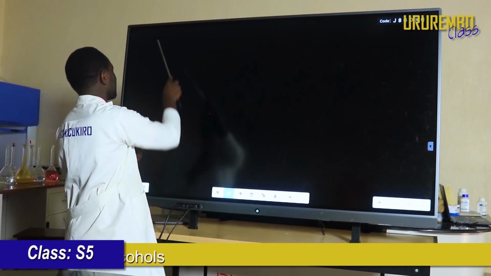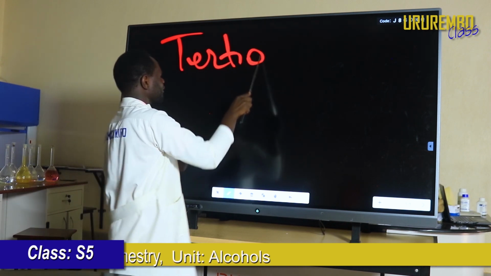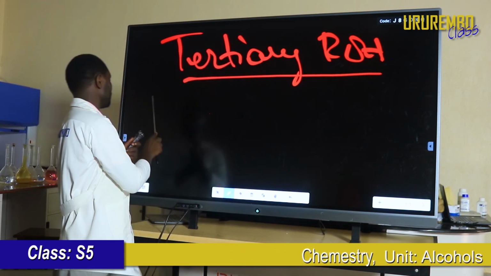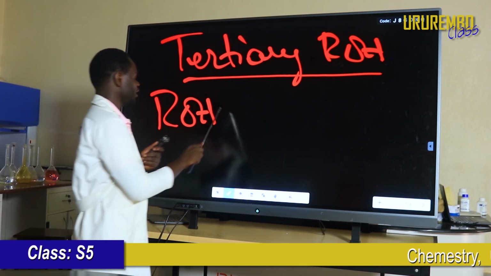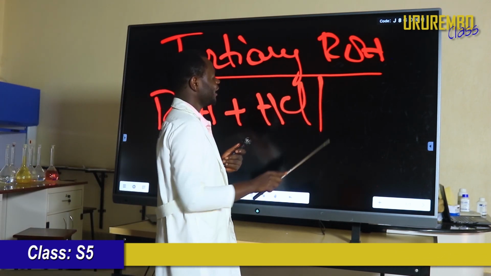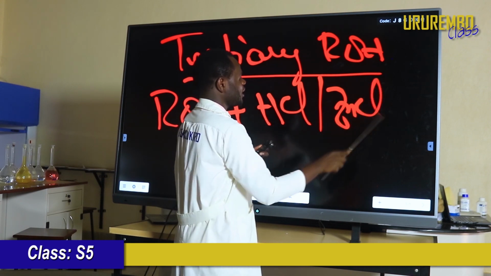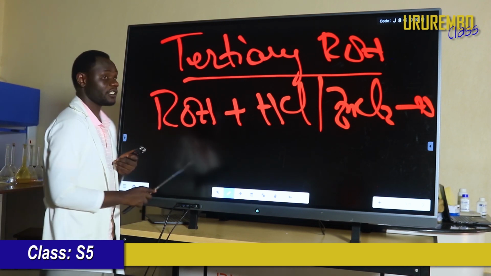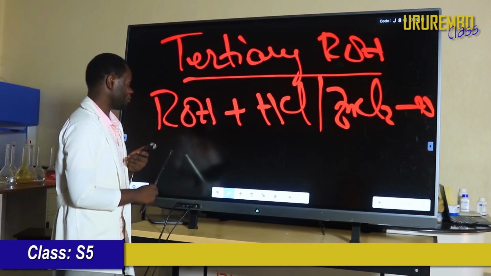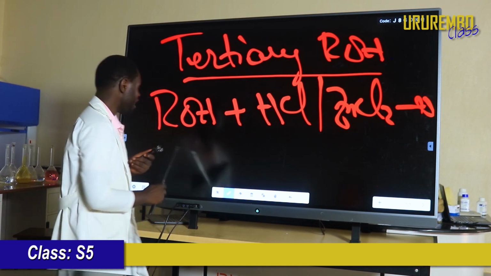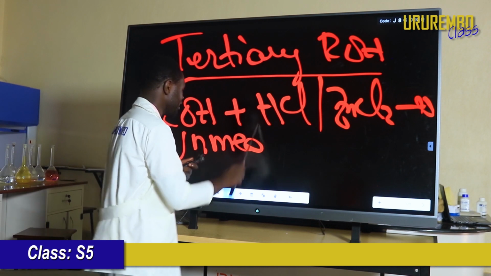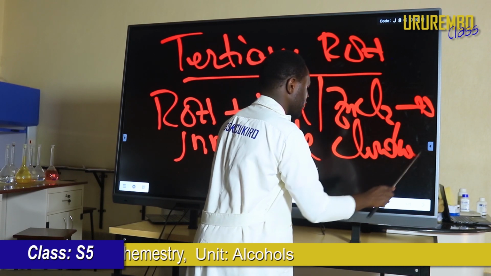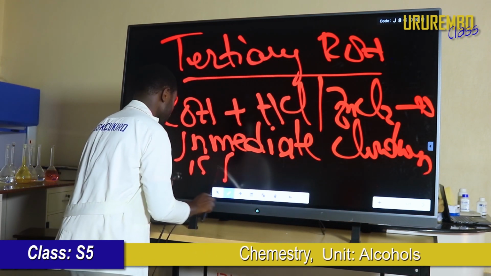So, what about tertiary? For tertiary alcohol, we also use the same reagent. We take tertiary alcohol and add hydrogen chloride in the presence of zinc chloride. The observation is a cloudiness that takes place immediately. An immediate cloudiness is formed.